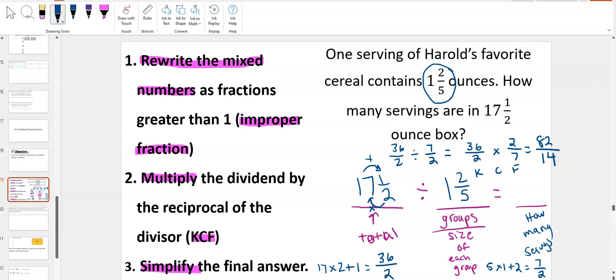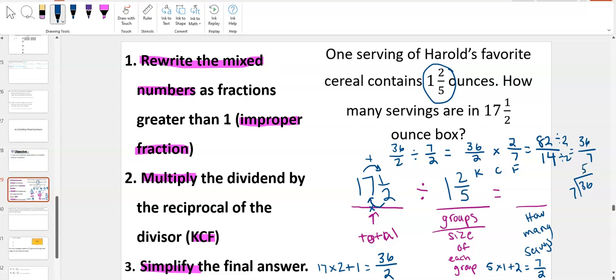So I could find the GCF of 180 and 14, or I can start guessing here. Let's see. Let's start with 2 and see. We know that that's going to be 90, and that's going to be 7. Can 7 go into 90? Yes, so now we're going to turn it into a mixed number. How many times can 7 go into 90?